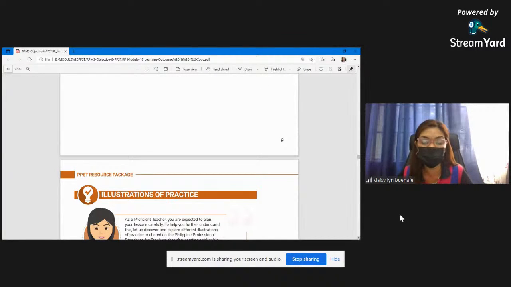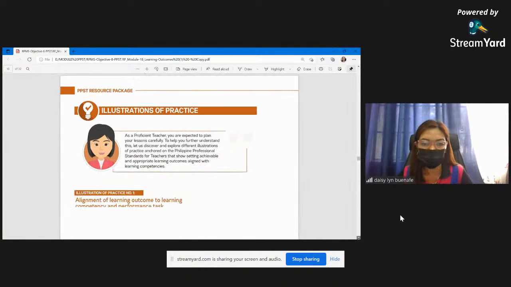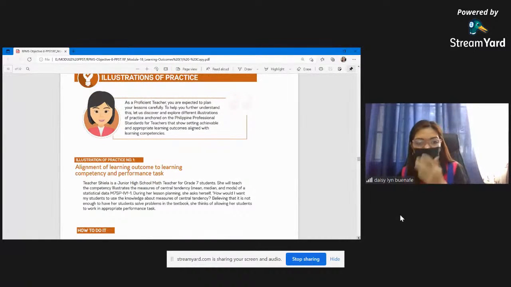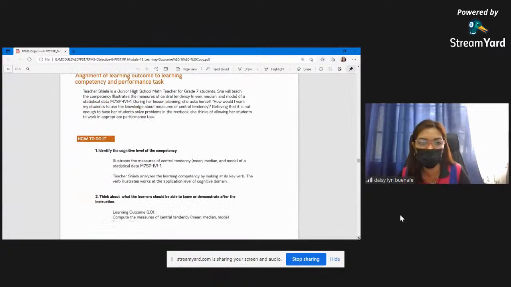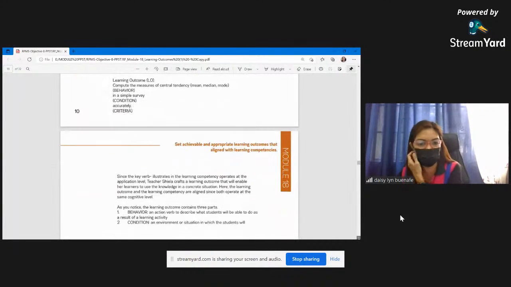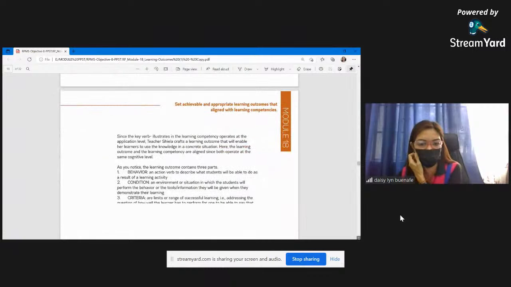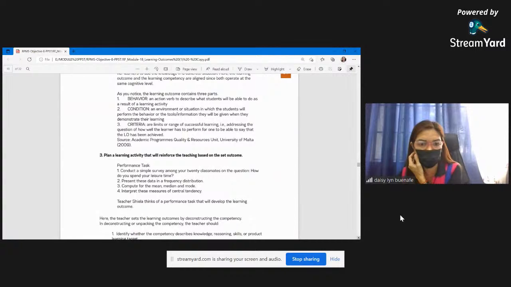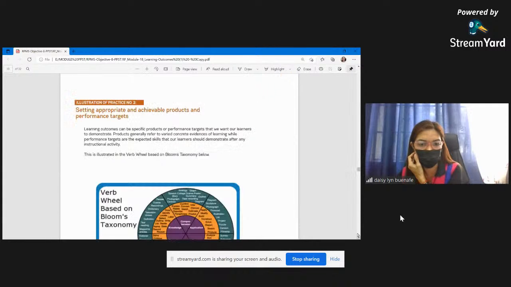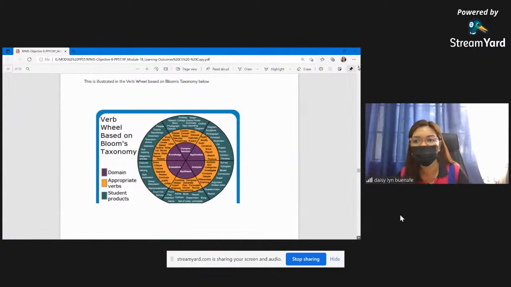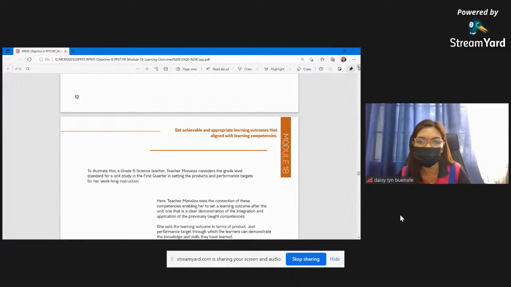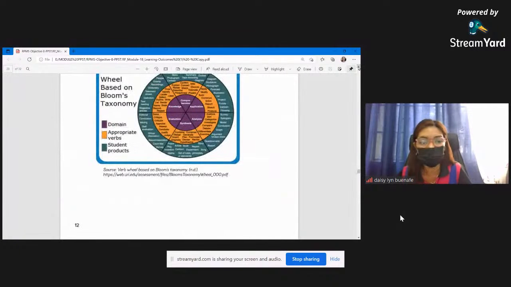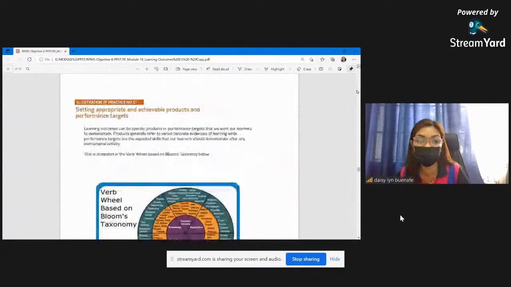Okay, we have here illustrations of practice. This one is applicable for junior high school. Okay, setting appropriate and achievable products and performance targets.